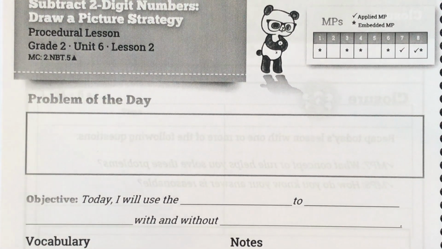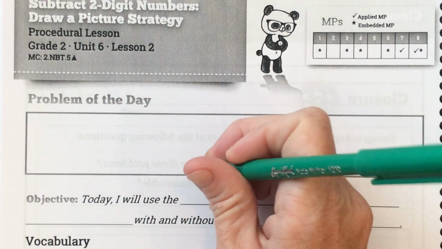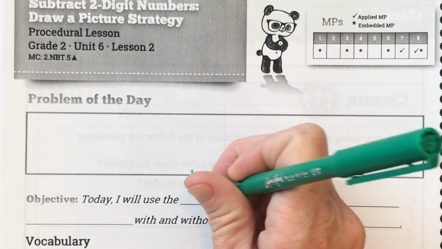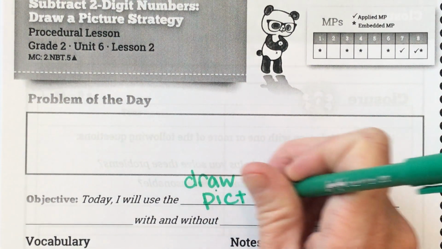And our objective today is, I will use the draw a picture strategy to subtract two-digit numbers with and without bundling/regrouping. I'm going to write it up here because I know I'm going to run out of room.